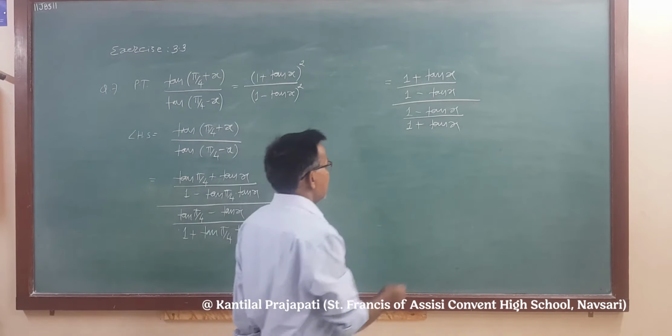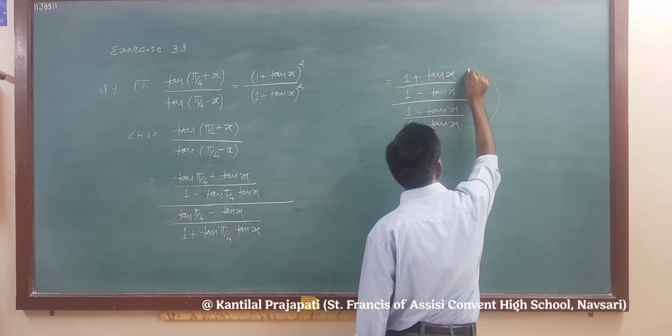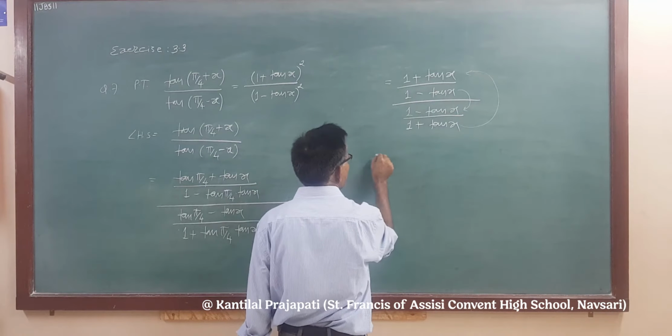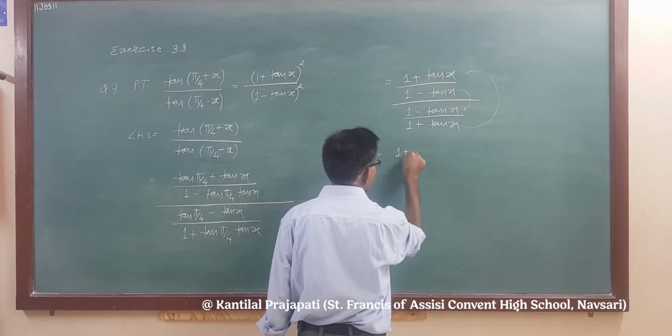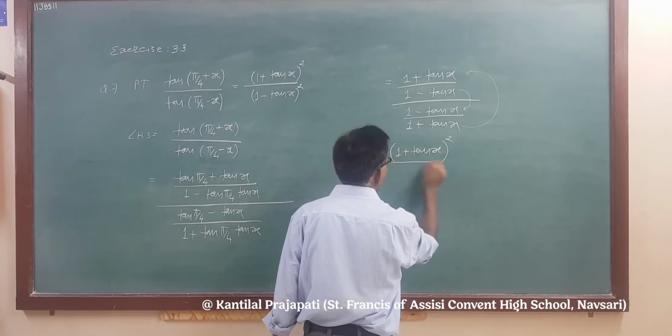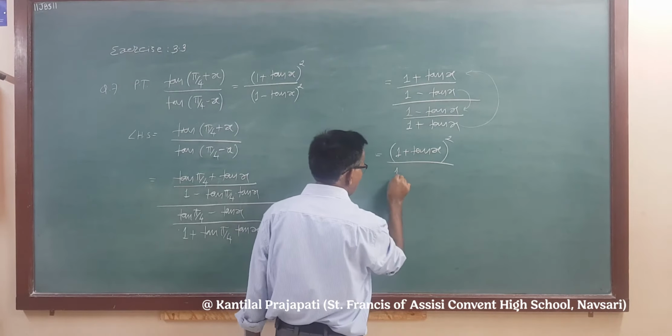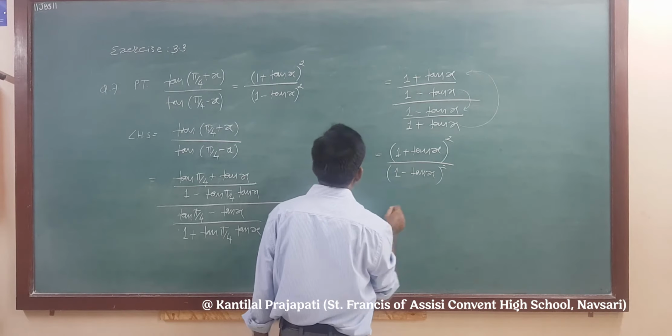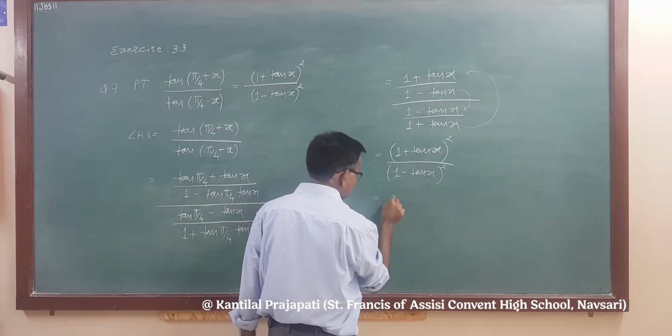Right. So obviously the denominator is multiplied with the numerator, and this will be multiplied here. And therefore you get 1 plus tan x whole square upon 1 minus tan x whole square, which is equal to the RHS.